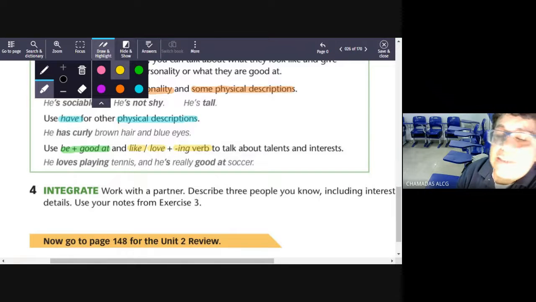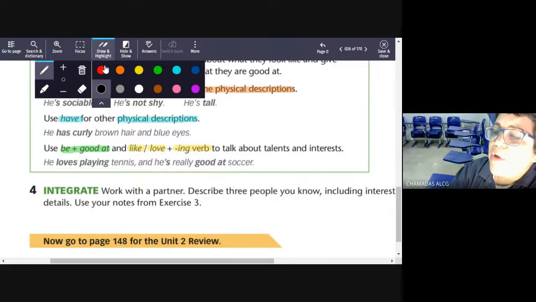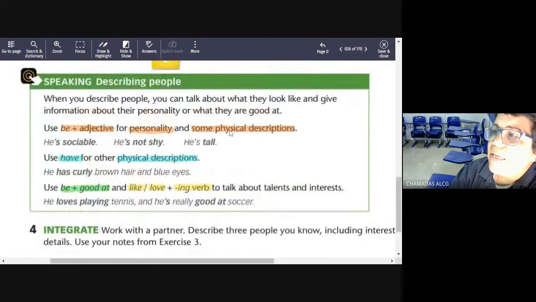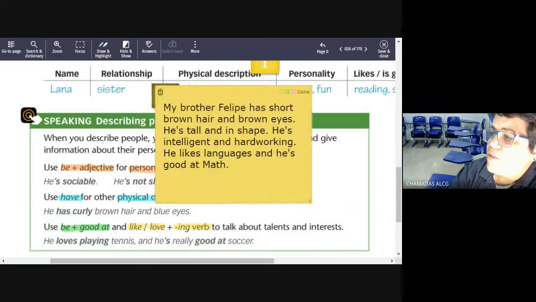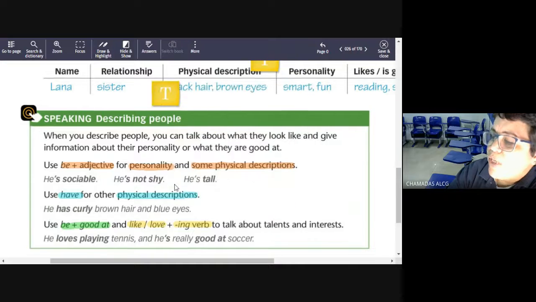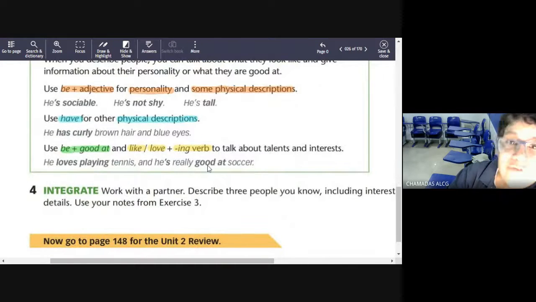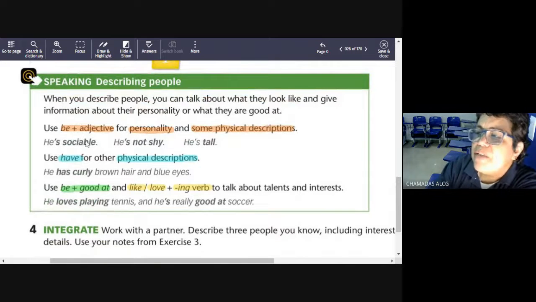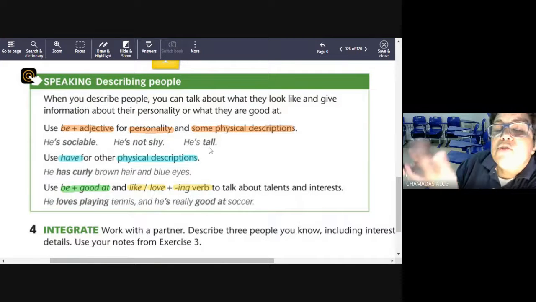He loves tennis. Like when I described my brother, I said he likes languages. Look, he likes languages. Okay. All right. So here we can use a noun or a verb. All right, people. So we have 3 different ways to describe someone.